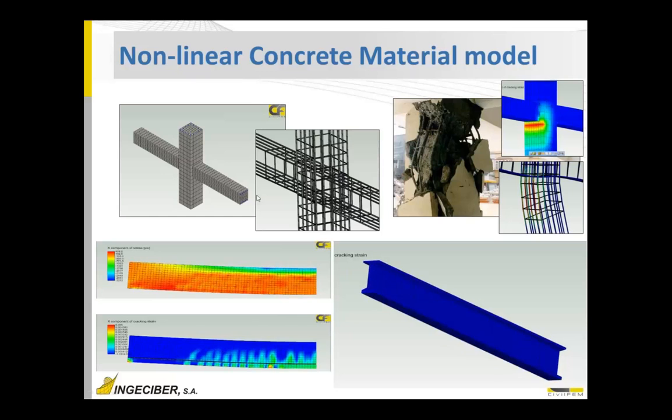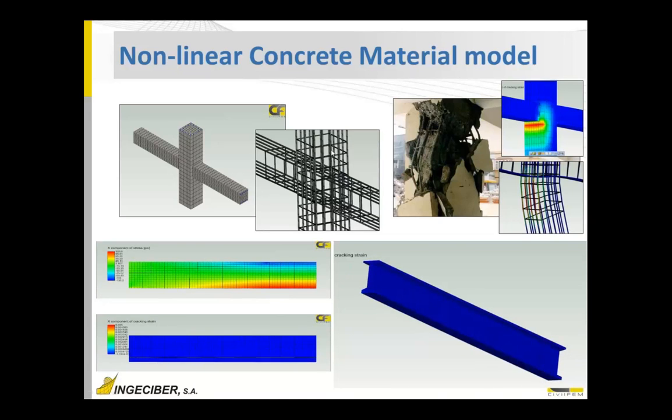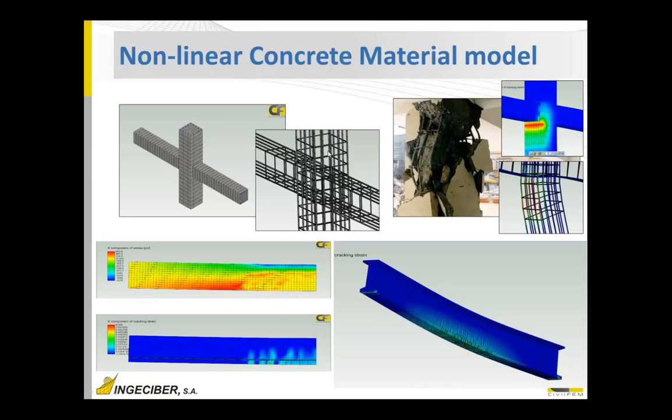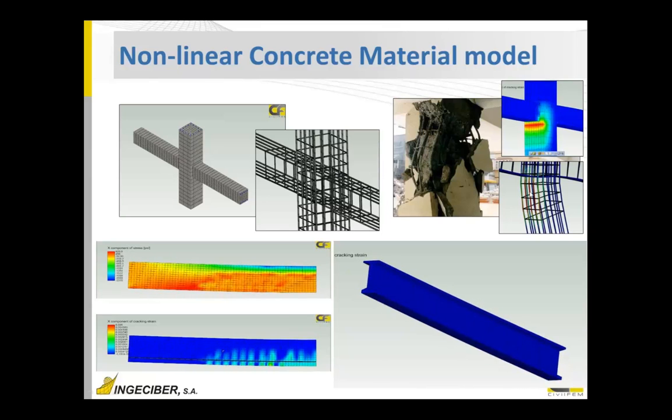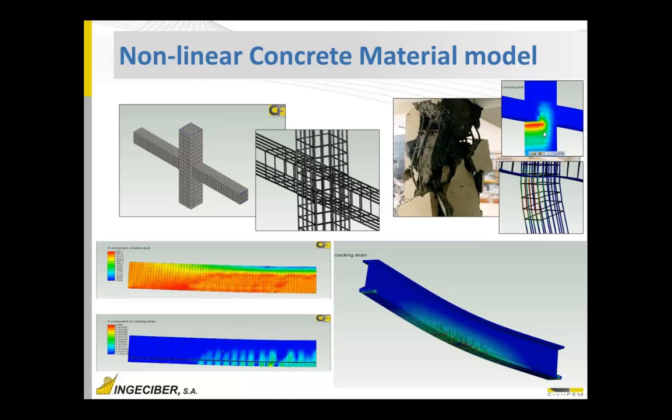We can model these concrete materials with solid elements, and we can define the bars inside it with bar elements or beam elements that are supporting bending or not, with the nonlinear behavior. So we can apply different loads, and we can also obtain yielding on the reinforcement.